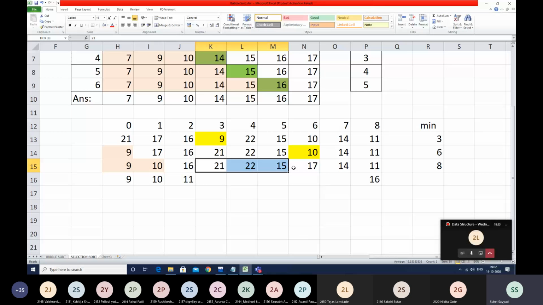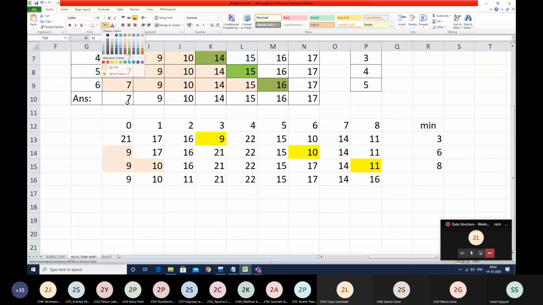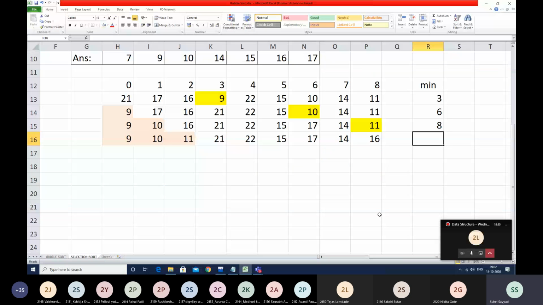The first three elements are sorted now. Next min was 7. So there was a swap between 17 and 21. Rest of the elements remain as they are.